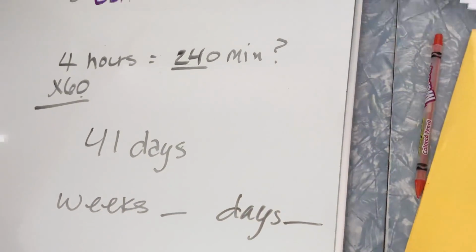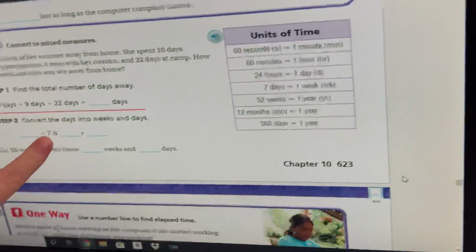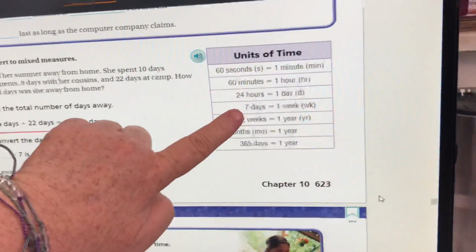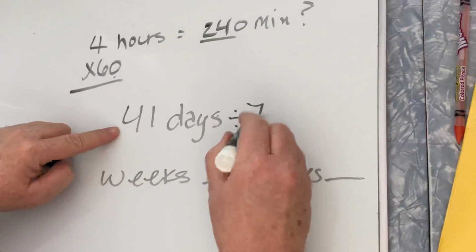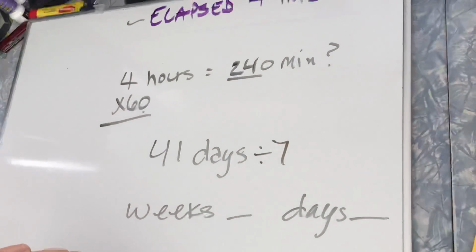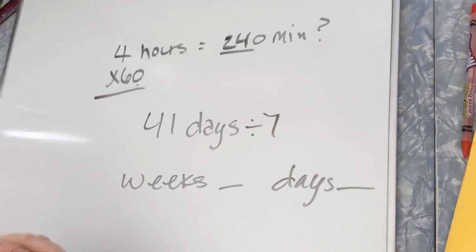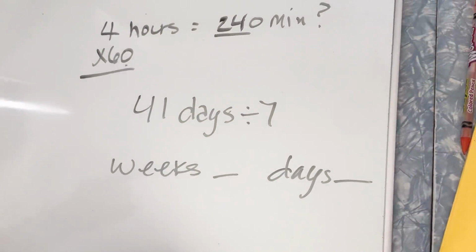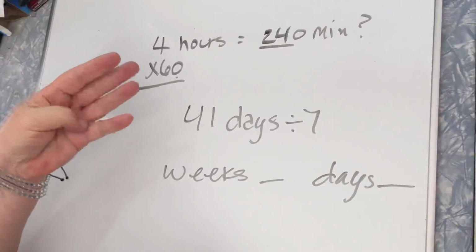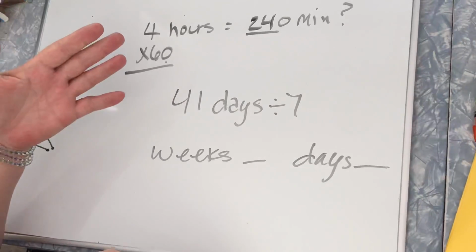Let me see. They're showing divide by 7. Why are they showing divide by 7? Because there are 7 days in 1 week. 41 days divided by 7. Use your 7 facts. Count by 7s until you get close to 41 without going over. Okay? 7, 14, 21, 28, 35, 42 goes over.